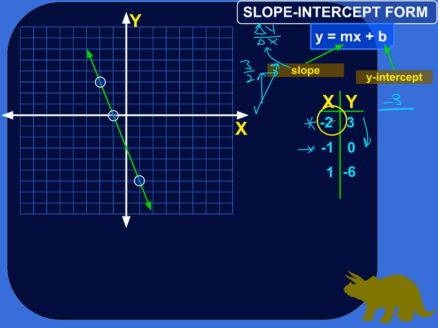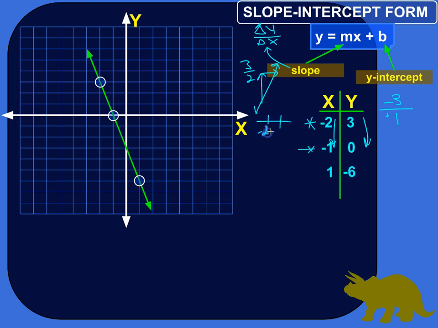Well, how does x change as it goes from -2 to -1? Going from -2 to -1 means you're adding 1. This has increased by 1. I'm going to draw a little number line.